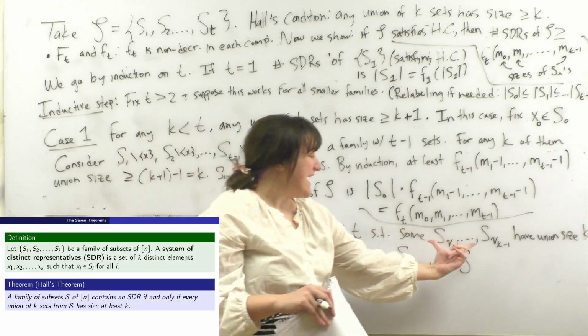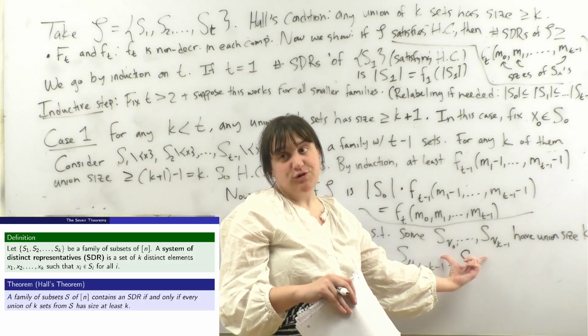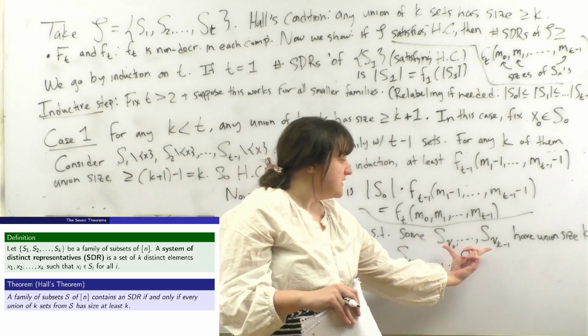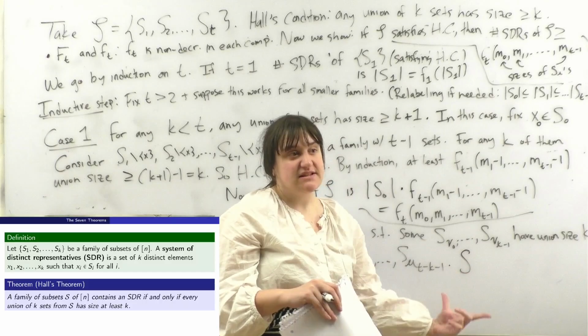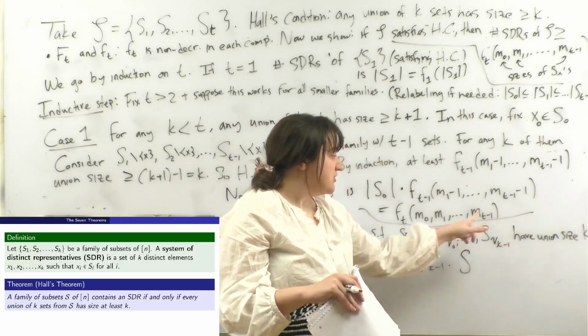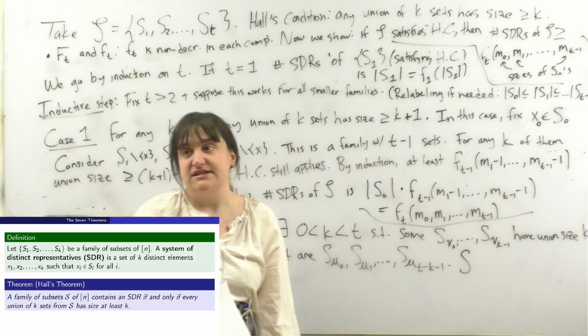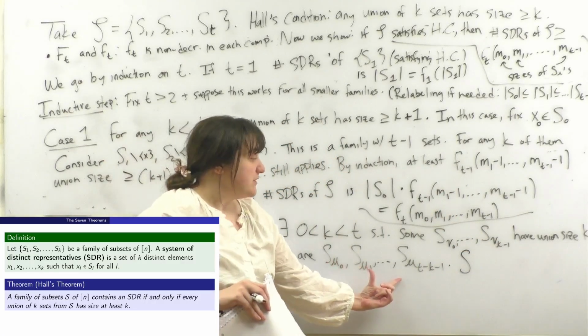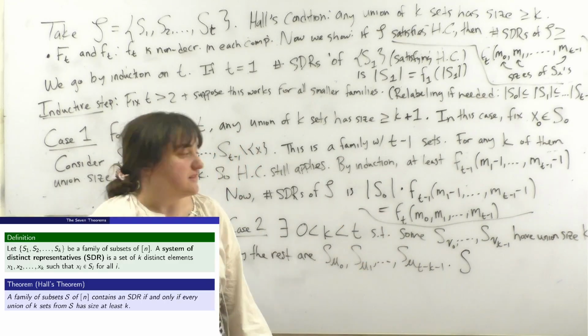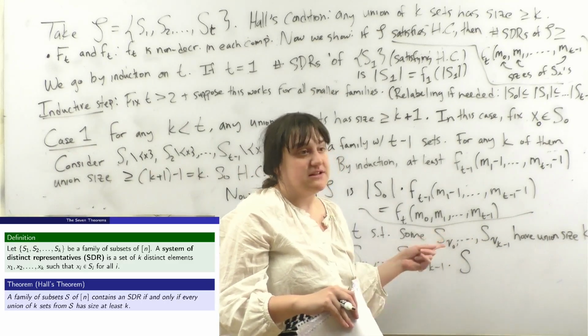There's only K total elements in this whole union, and I need K different representatives for these K sets. So I need to use every single element in this union just to represent these K sets. So I definitely don't want to pick a system of distinct representatives for the rest of the things that overlap with anything in this union.